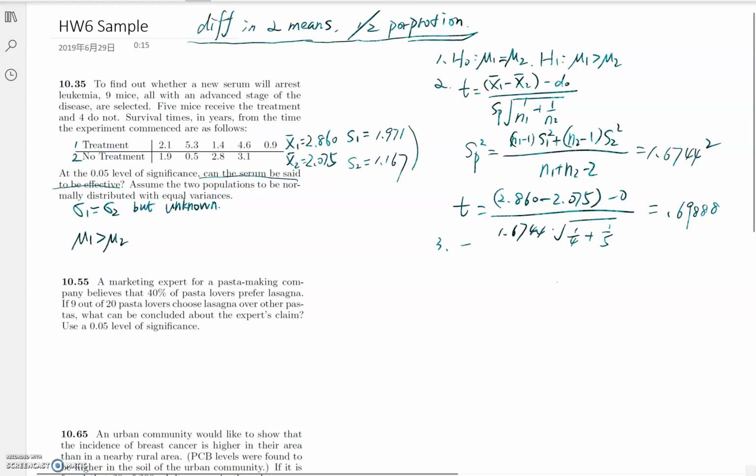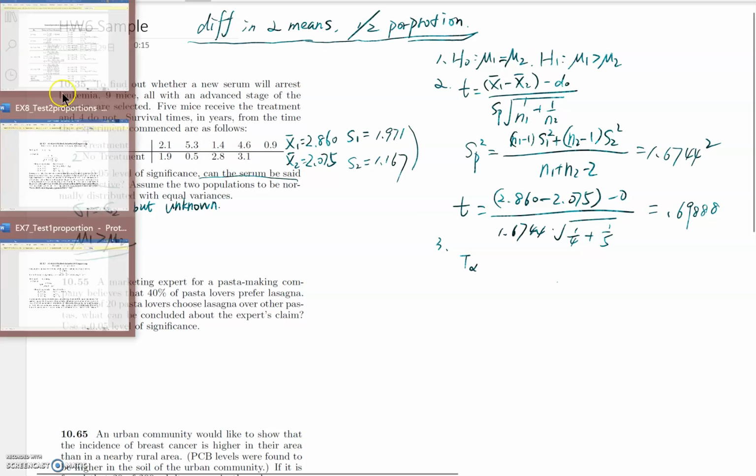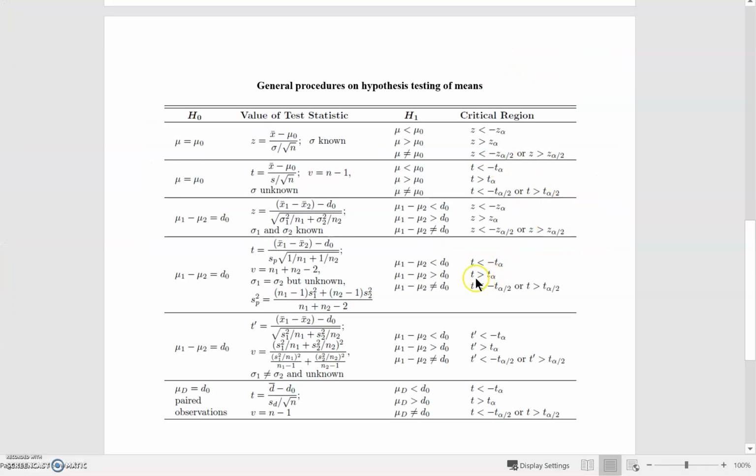Third, we get the T alpha. Because this is mu1 greater than mu2, the formula we use says T should be greater than T alpha.